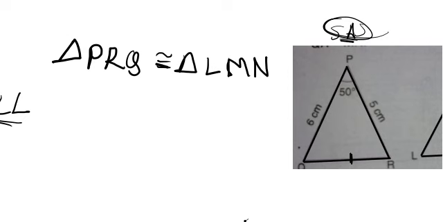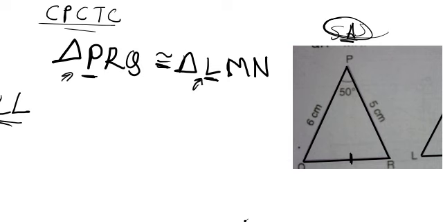See here that angle P will be equal to angle L, because of CPCTC, that is corresponding parts of congruent triangles are congruent or equal as well, you can say that. So this means that corresponding parts will be equal, keep this in mind. So angle P and its corresponding part will be angle L. If P is the first letter of PRQ, then L will be the first letter of LMN.